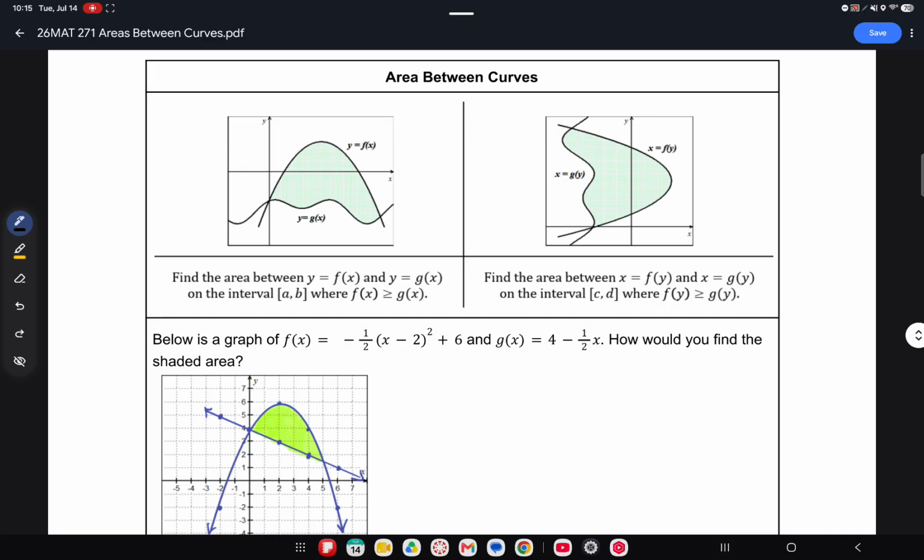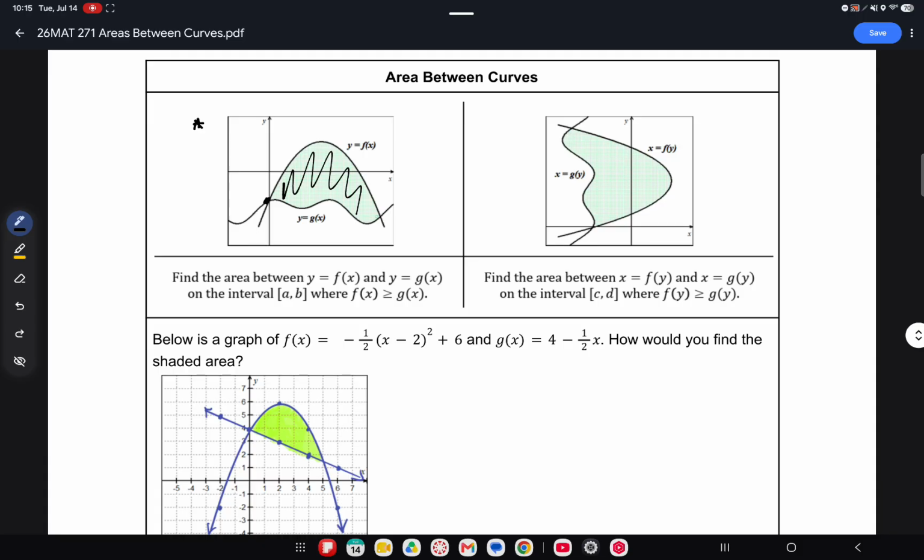So we can do a little math here. So we have this one here, where I'll call it a top curve and a bottom curve. That'll be important later. We want to find that area between them, and we can do it with x values, right?